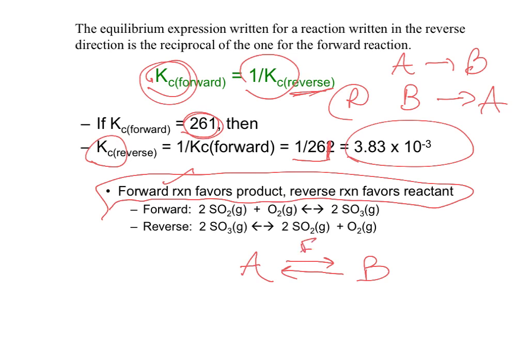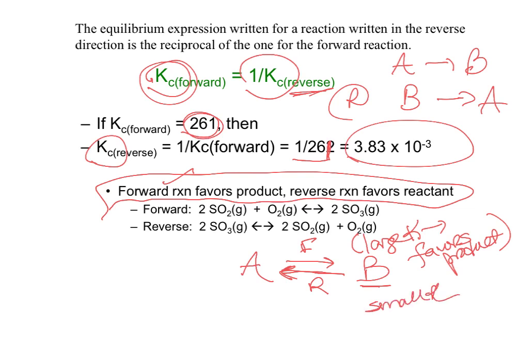If the forward reaction has a large K, which means it favors product, you're going to have more of B. That means, by simple math, the reverse reaction, where B is called the reactant, is going to have a small K, which means that reactants are favored. Keep in mind, when we're talking about the reverse reaction, the original product becomes the reactant. Hopefully that didn't confuse you.